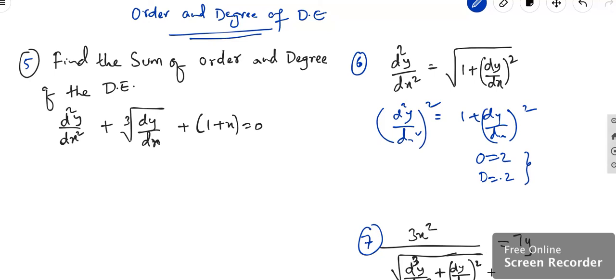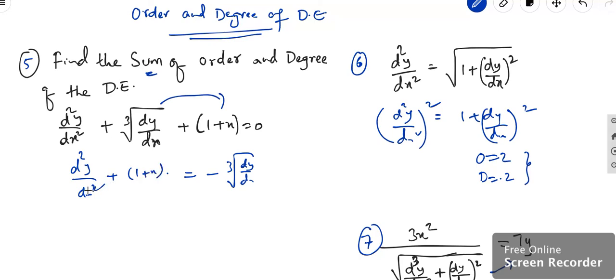What about this one? You can just cross multiply, and again the order of the root radical is 2, square it on both sides, and you will get your answer. Please do it yourself. Whereas for this one, since we have this term and they asked for the sum, what we are going to do is shift it to the other side. So this will give you the negative cube root of dy over dx, whereas this you can write as it is.